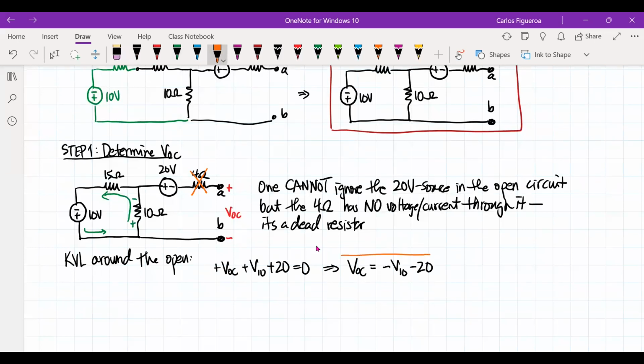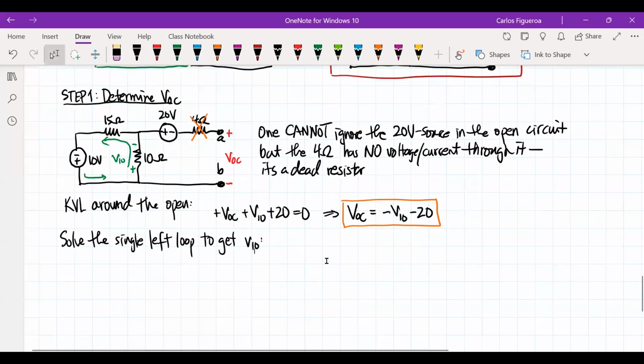Right away, our focus here is to solve V10. Remember, this is going to be V10 right there. But I only have one loop, so I'm going to solve the single left loop to get V10. If I look at that circuit, it looks something like this. There's my 10 volt, and I have 2 resistors in series.